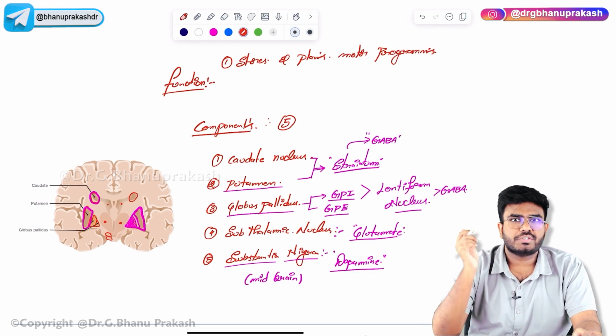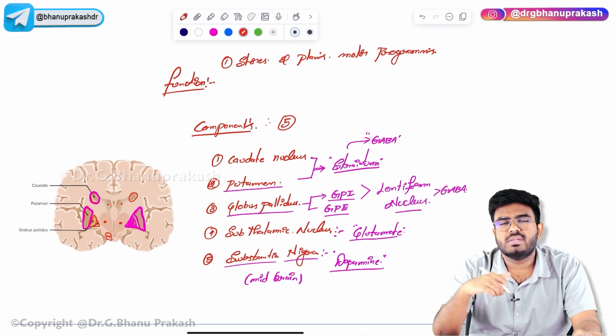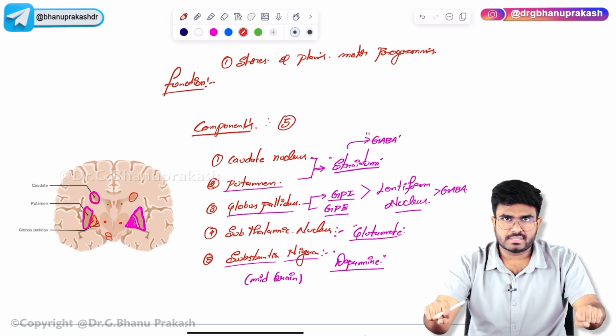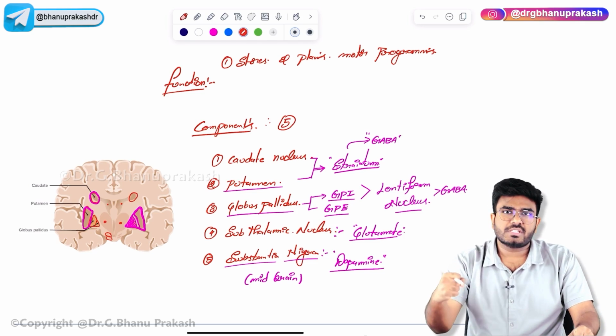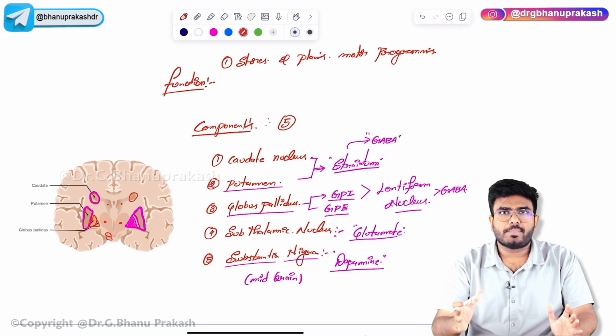So for example, a 5-year-old doesn't know how to ride a bicycle, how to balance it. Riding a bicycle is a motor program. Which muscle to contract, which muscle to relax, how to balance the bicycle, it's a motor program.